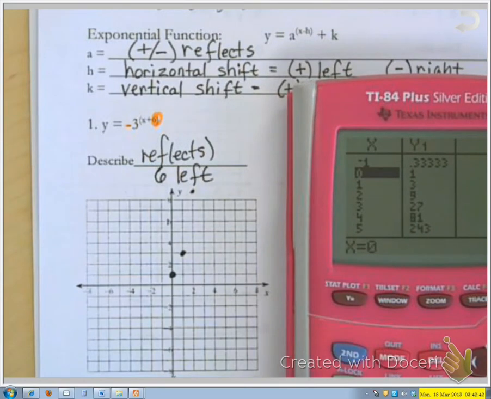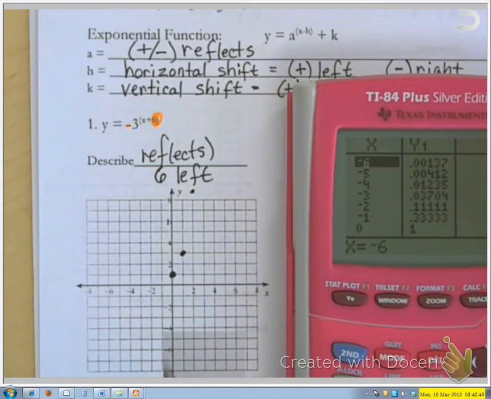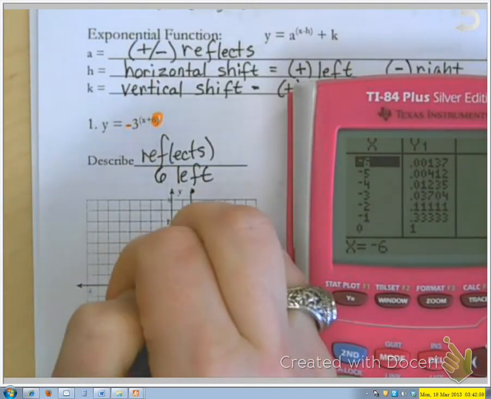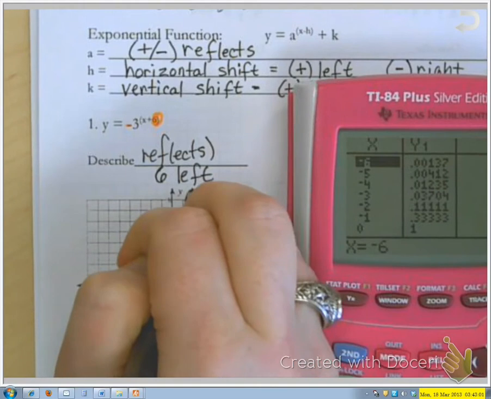Now, I notice it gets really small really fast. Look at how small those numbers are. So it's going to get really, really close to 0, so I'm going to put a little dot right down here to indicate to myself that it's going to get really close to 0. Now, that's for 3 to the x. So I'm going to draw this in. Okay, this is 3 to the x.